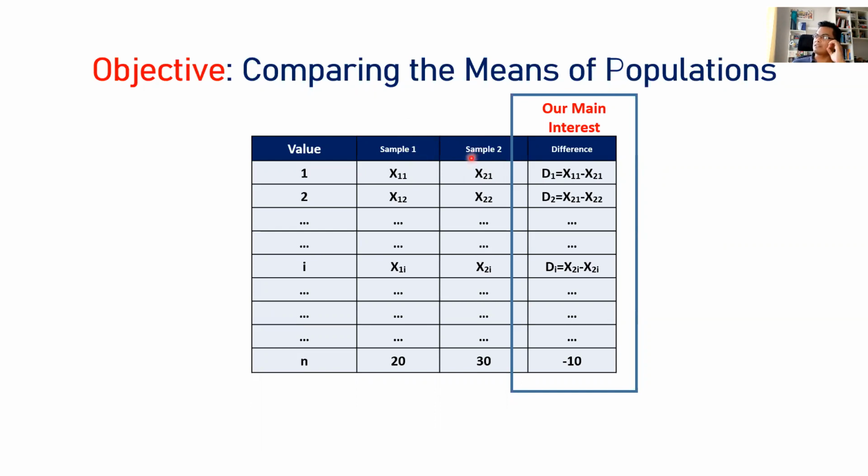But in the related populations context, the emphasis is more on the difference. How do the populations differ before or after the treatment, for example. So the emphasis and the hypothesis statement is inclined to this very column.